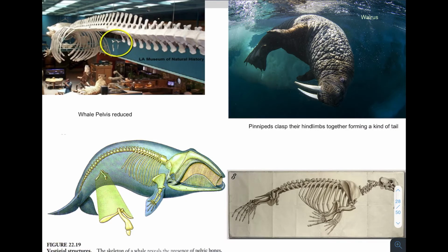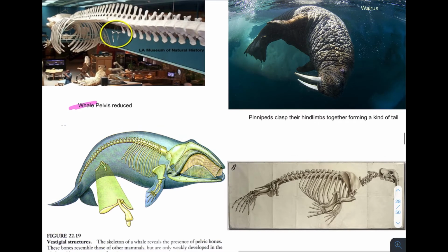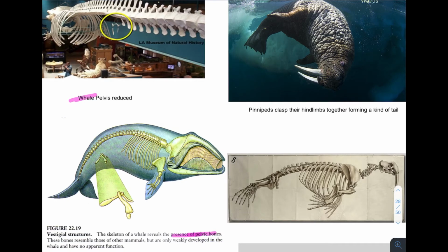Now, notice that when we look at a whale, the whale has lost the extensiveness of their hind limbs, and basically it's just this presence of pelvic bones that are still there, right? You can still see it right there.